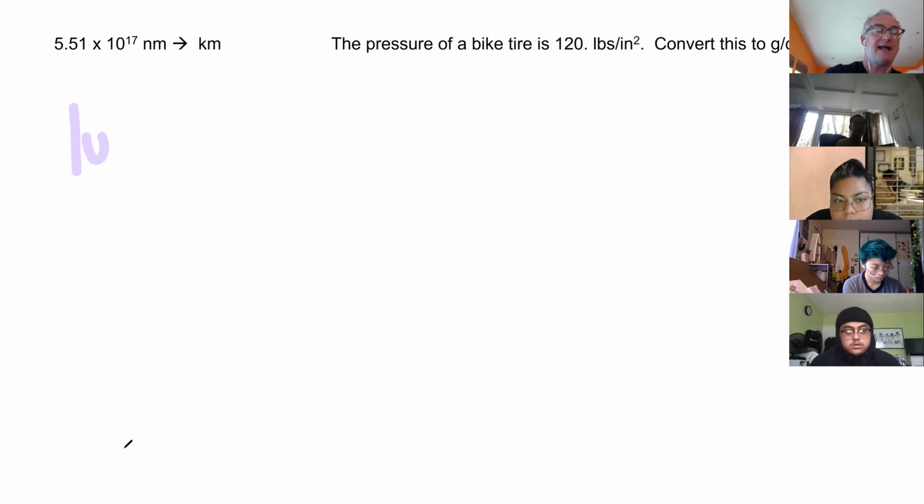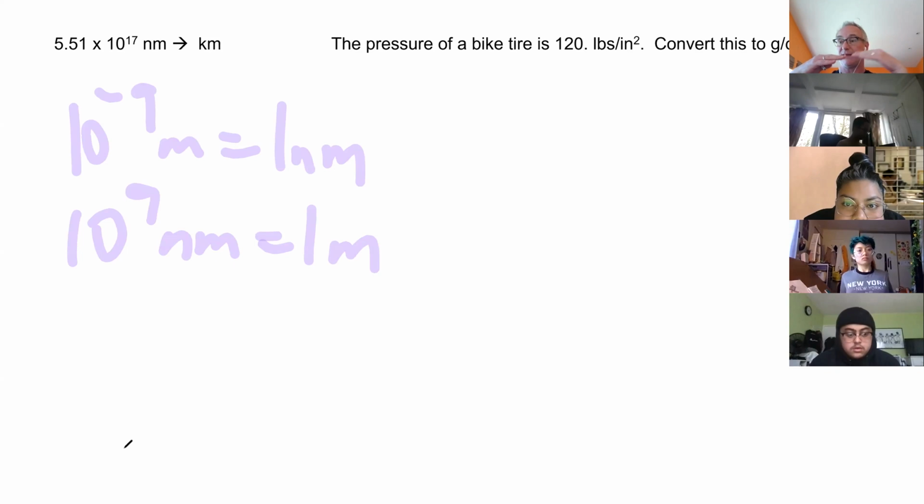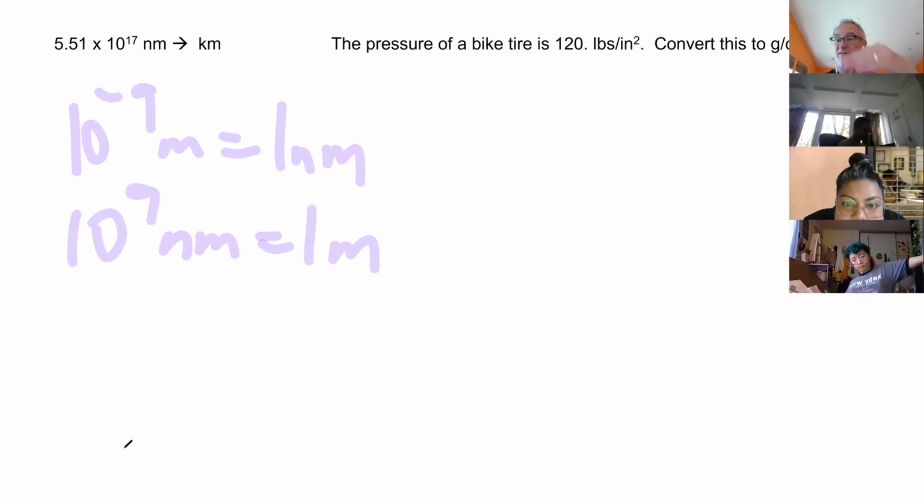So 10 to the negative 9 meters is equal to 1 nanometer, or 10 to the 9 nanometers is equal to 1 meter. Either of those. The way I normally do those is I get to a base that I know, like meters or liters or whatever it is, and then go from there. So nanometers, I convert that to meters, and then meters, I convert that to kilometers.